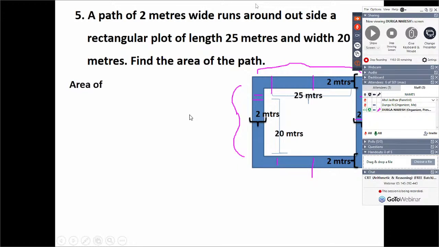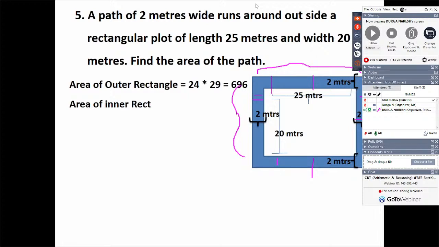That outer area is rectangular shape. 29 and 24 are the dimensions of the outer rectangle because 25 plus 2 plus 2. So 24 into 29, 696. And the area of the inner rectangle is 20 into 25, 500. If you subtract the inner area from the outer, you get the area of the blue shaded region, the area of the path.